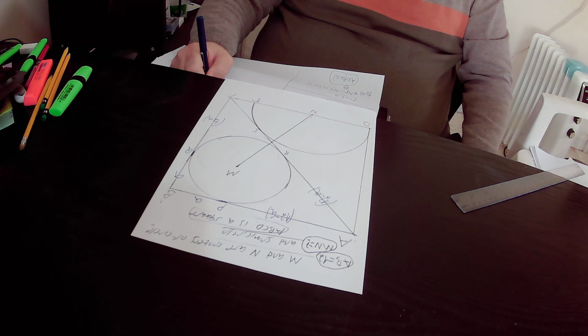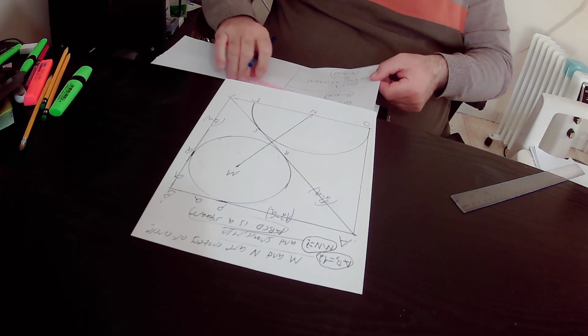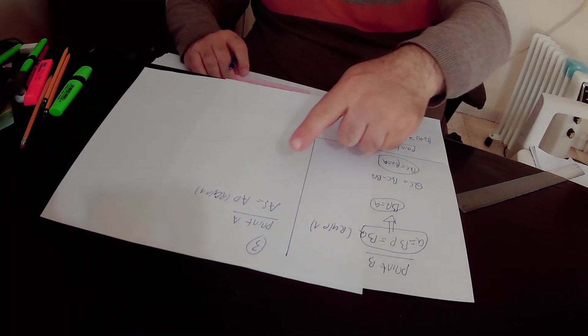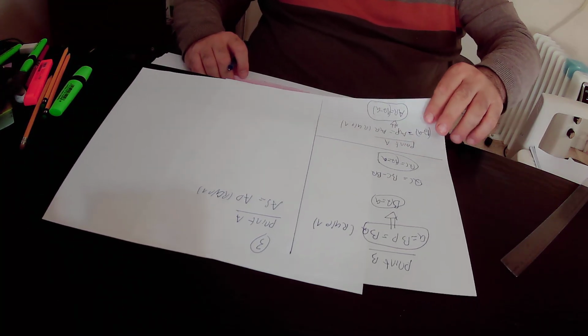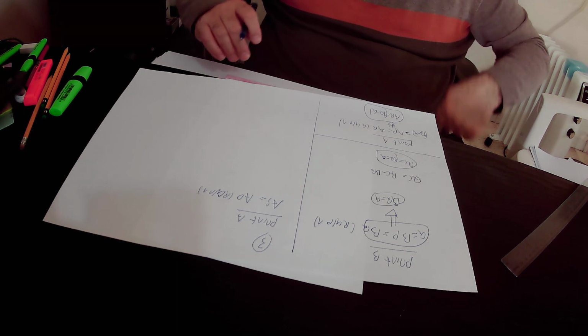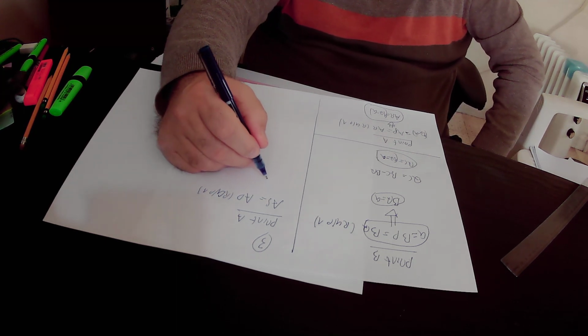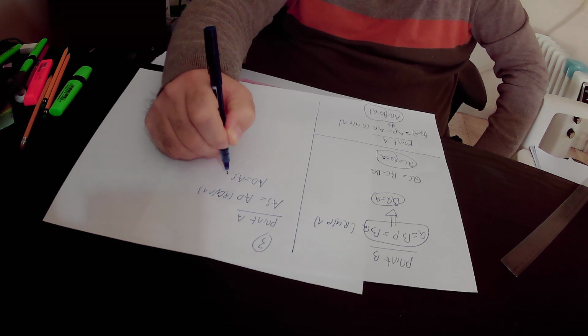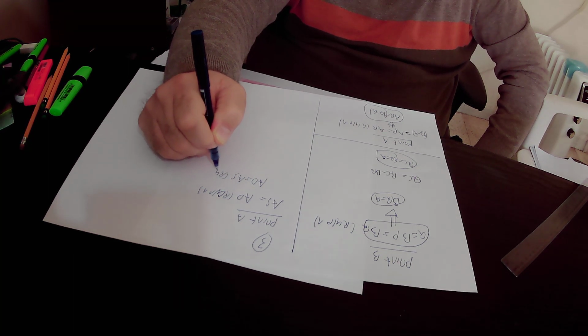And according to rule number 1, they are equal to each other. That is to say, AS is equal to AD according to rule number 1.